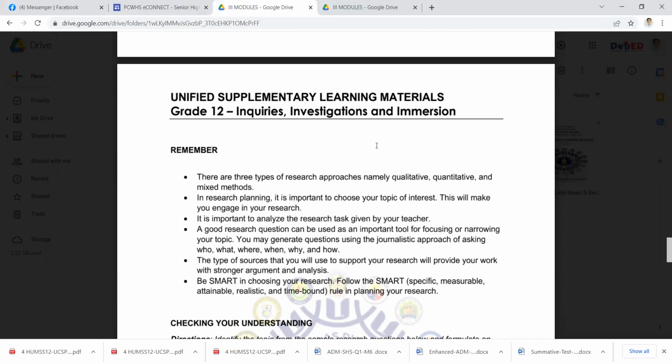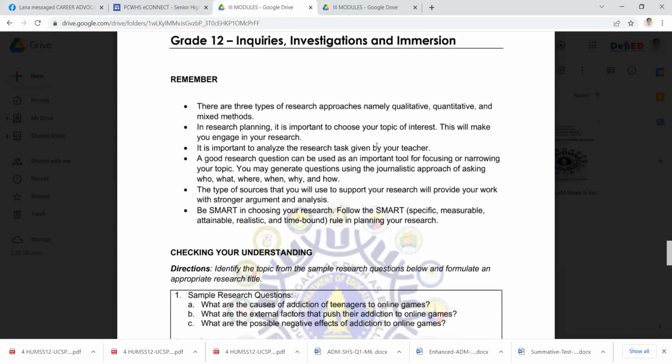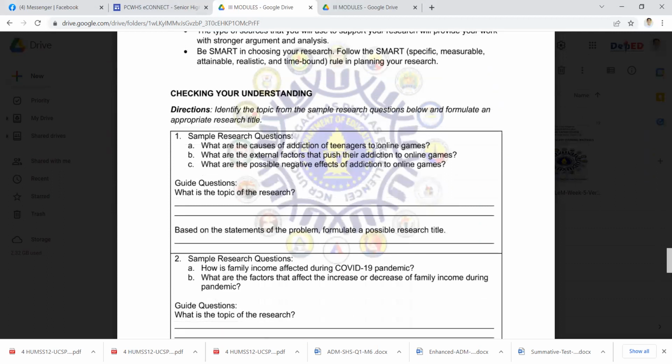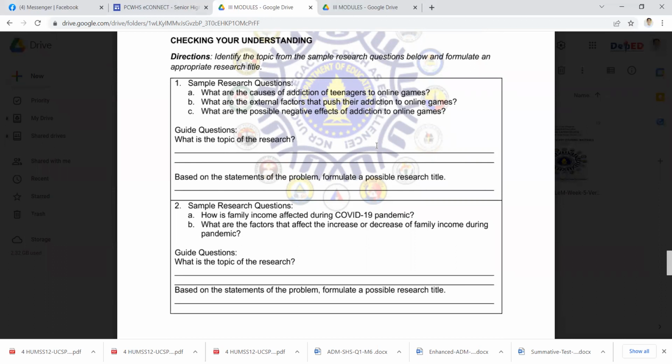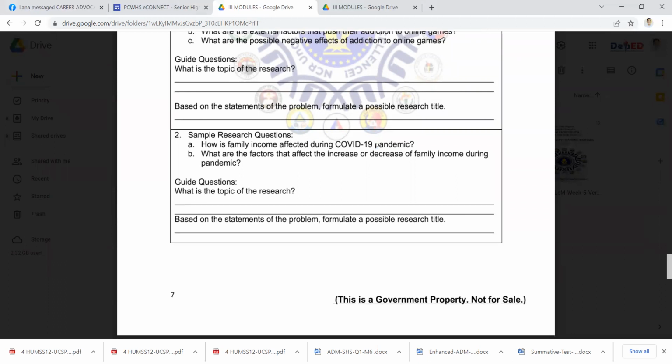Remember, during our day 1, we discussed the types of research approaches, namely the qualitative, the quantitative, and the mixed method. Direction: identify the topic from the sample research question below and formulate an appropriate research title. So, find that. You try this and try to answer 1 and 2.